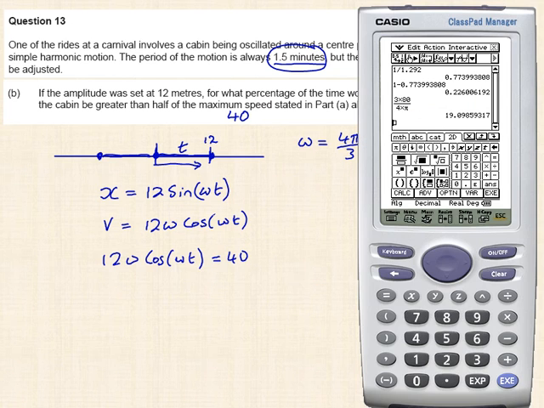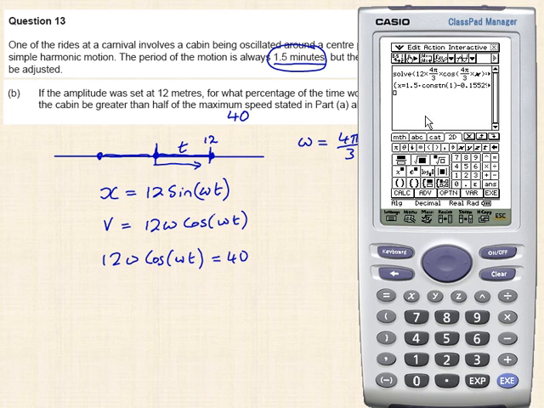So we can solve this on the calculator. Need to make sure we're in radians. 12 times 4 pi by 3 times cos, and then in here we're going to need, again, omega, which is 4 pi by 3, times what we're trying to find, which is t, and we want that to be equal to 40.